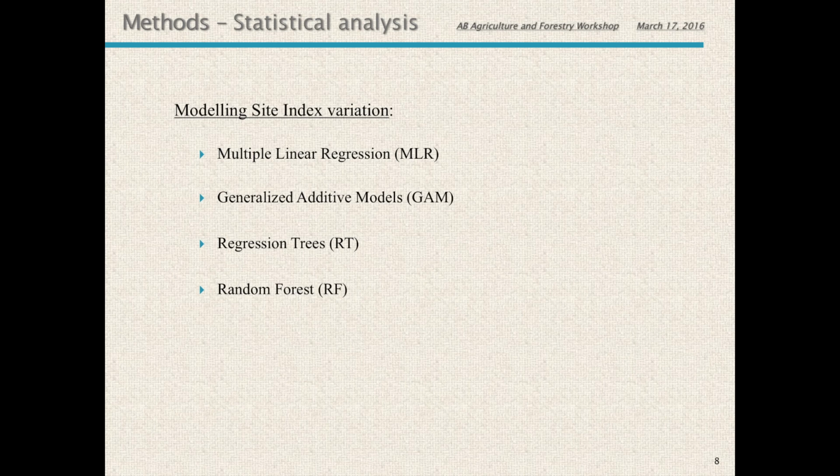Then we analyzed our data using 4 different statistical methods. We started with the standard approach using a multiple linear regression parametric method. However, then we looked in the literature, and also due to the expected nature of these soil and topographic variables, expecting collinearity, interactions, and also already detected nonlinear relationships between some variables and site index, we then tried to model site index variation using some other approaches.